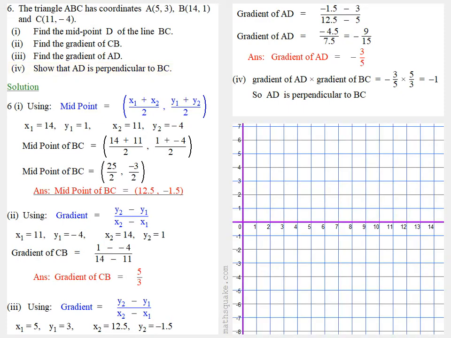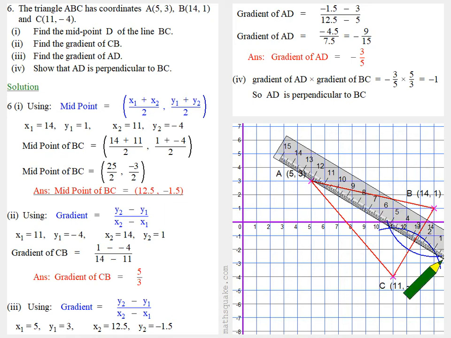We can demonstrate that on the graph simply by drawing the triangle ABC, then doing a geometry construction to bisect the line BC. We place the compass at one end, draw an arc slightly longer than half the length of the line, then place the compass point at the other end and draw an equal arc to intersect the first arc at 2 points.